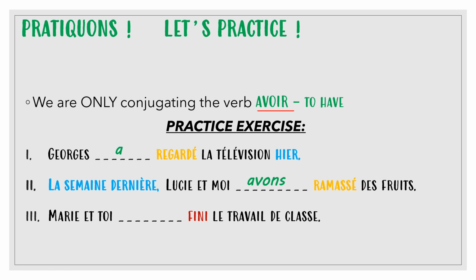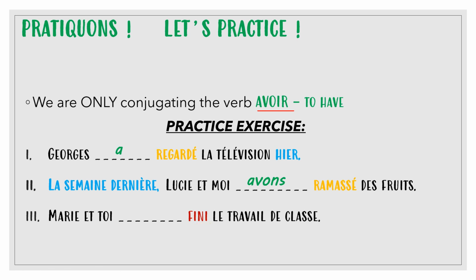The next one says, Marie et toi, blank, fini le travail de classe. Now here we have fini, F-I-N-I. Based on how we see this past participle appear, we know that it has to be a regular IR verb, because we dropped the IR and added the I alone.